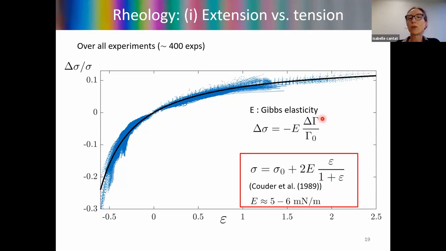So big gamma is the concentration of surfactant. This is a well-defined thermodynamical quantity that we can measure using this experiment, and the best fit is obtained for typically 5 millinewton per meter.